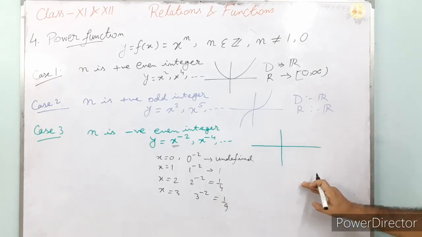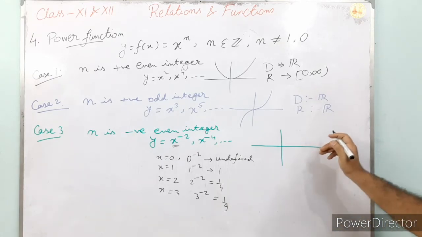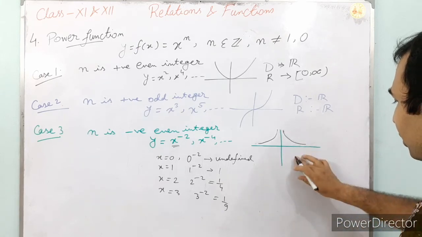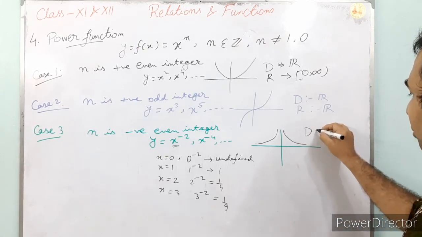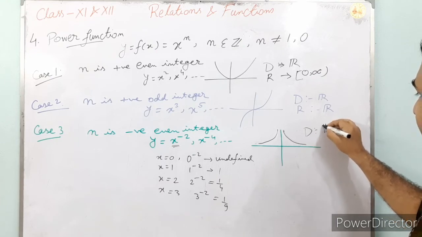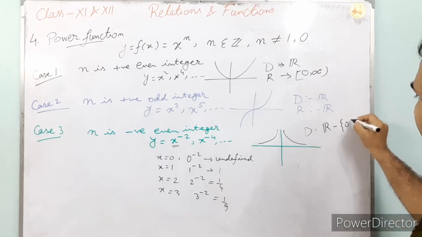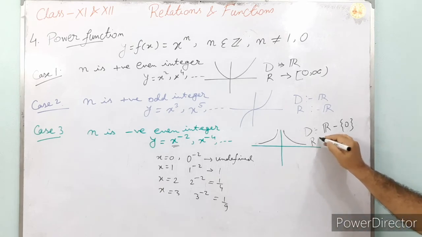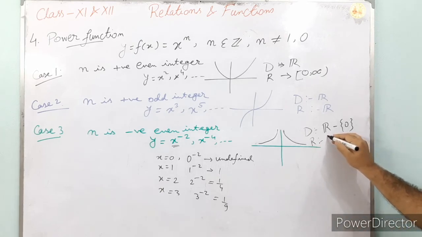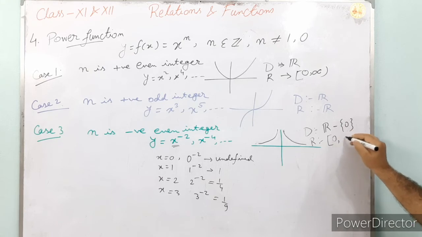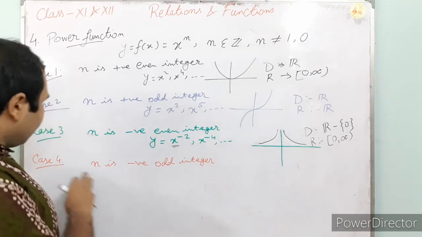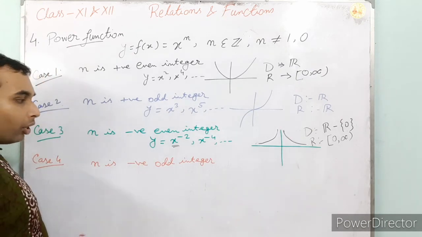So what will be the graph? Here the graph will look like this. The domain is all the real numbers minus 0. We cannot take 0 there. And the range is from 0 to infinity.